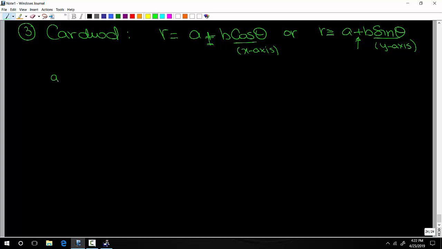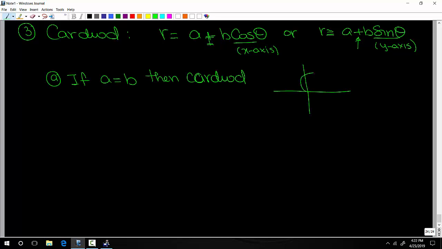But there are special cases of the cardioid. If a and b are the same, then we get the traditional cardioid. Okay, so I'll draw one here. So this would be r is equal to 1 plus cosine theta, and because we have cosine, it's along the x-axis, and because it's positive, it's along the positive x-axis.